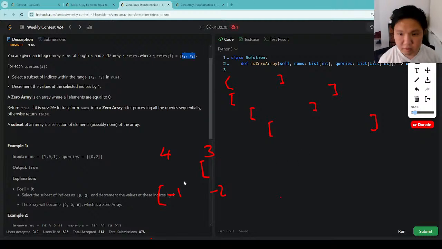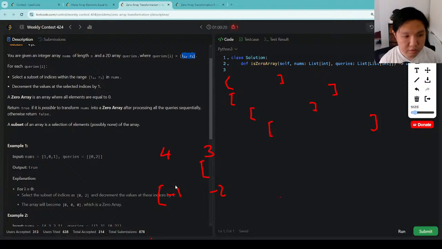Cur plus equals to this. Ran into a bug somewhere.